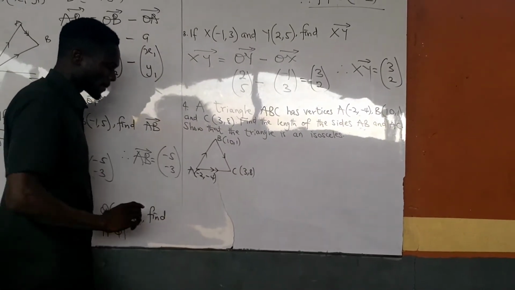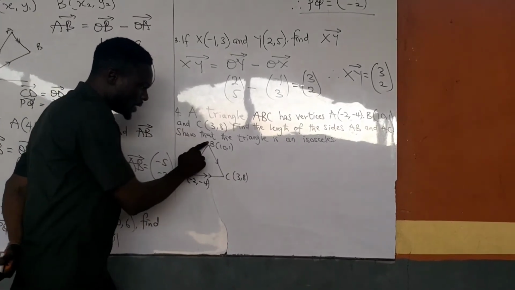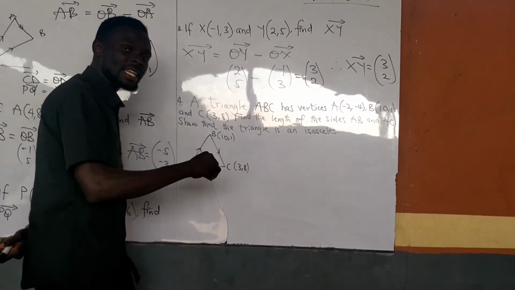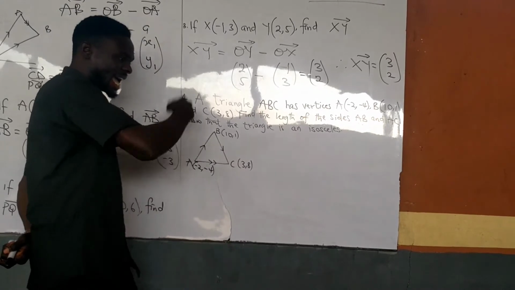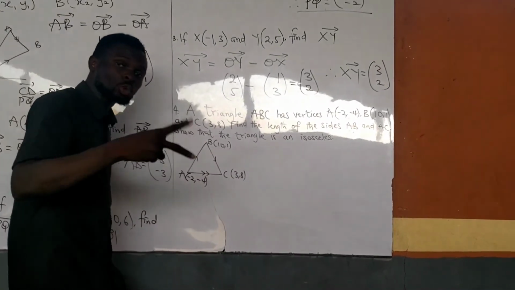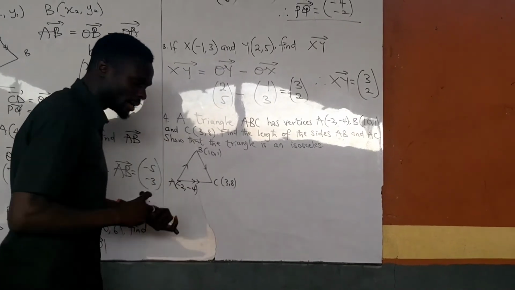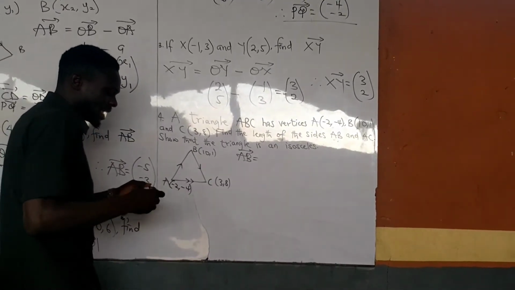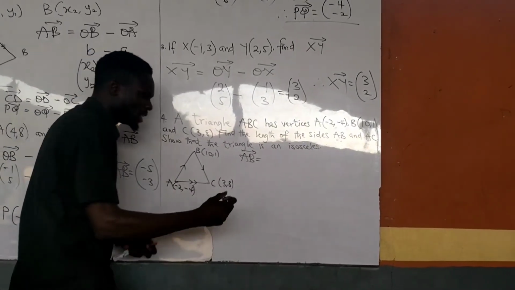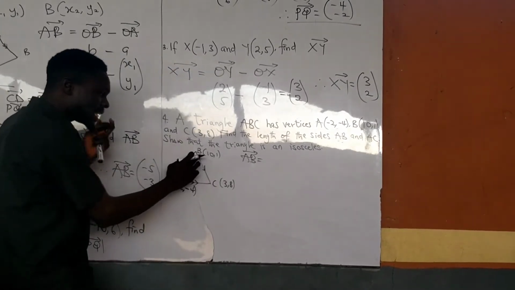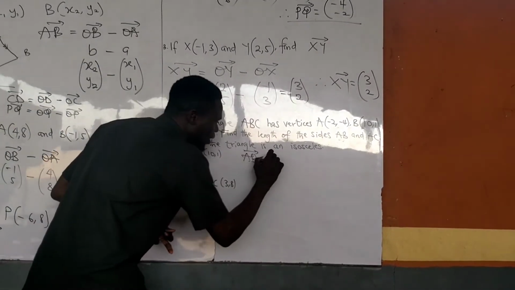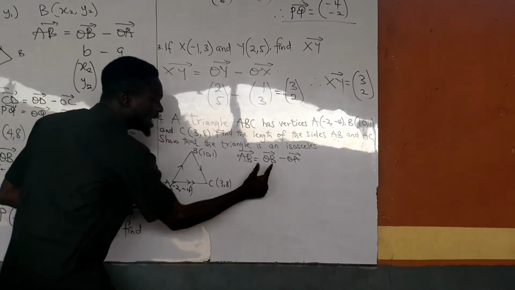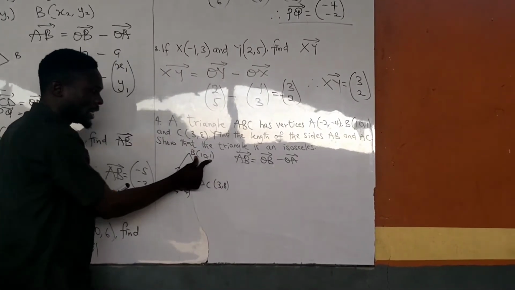The vector AB is equal to the second point minus the first point. The second point is B, but since the point is referred from the origin, we say vector OB minus vector OA. Vector OB is the position vector for the point B.